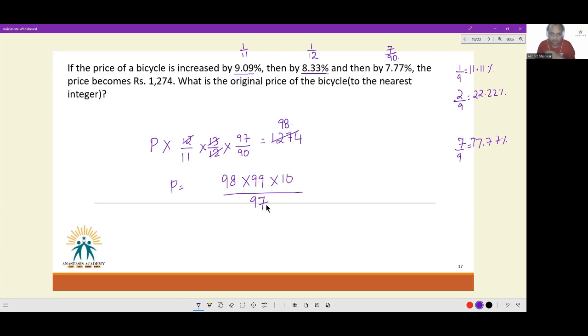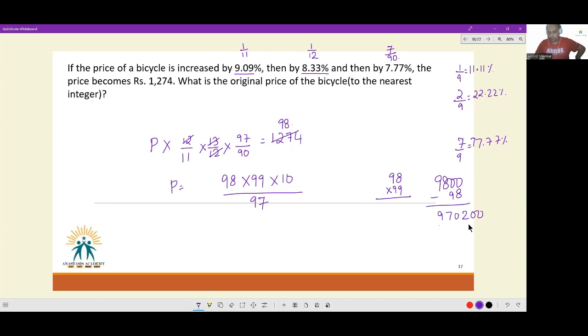But if the question demands it, let's do working. 98 into 99. So 9800 minus 98. So 9702. This much we have got.